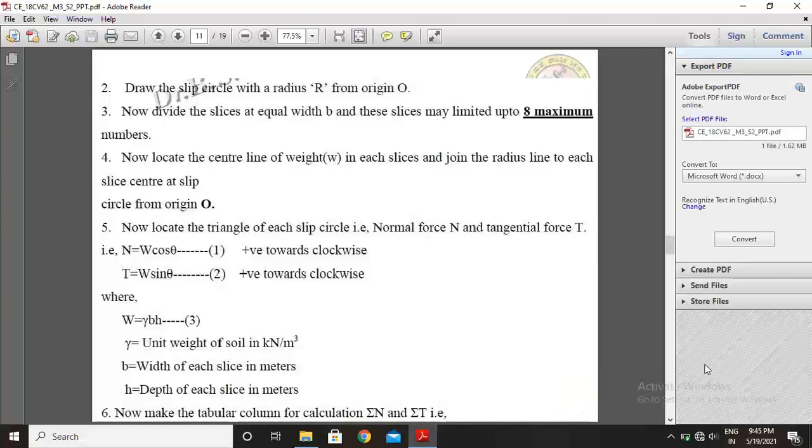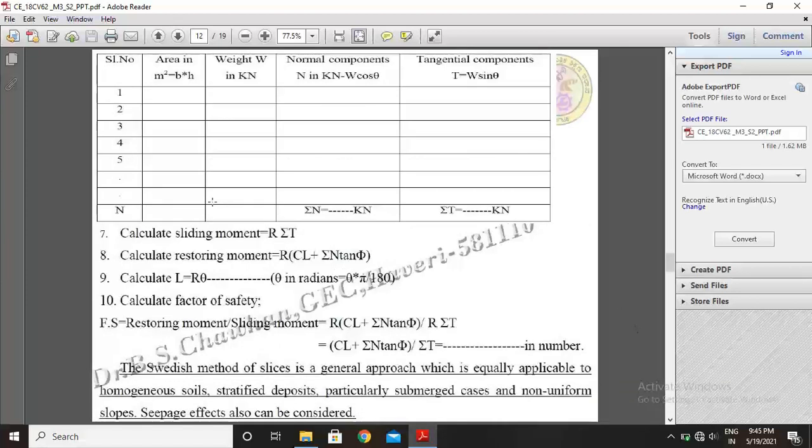In the table, the first column is serial number, the second column is area in square meters, that is B into H, then weight of each slice W in kilonewtons, normal component N in kilonewtons is W cos theta, and tangential component T is calculated by W sin theta.